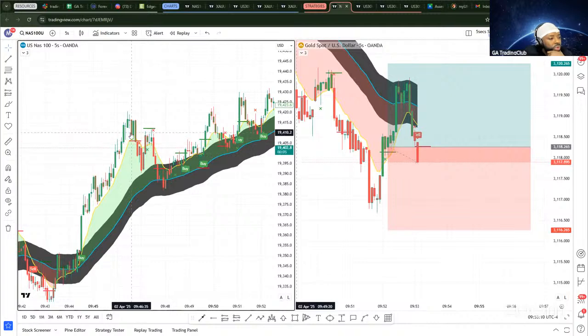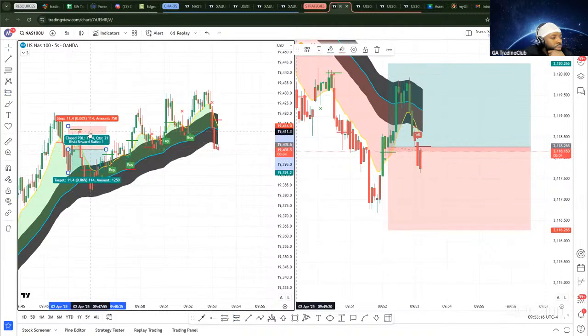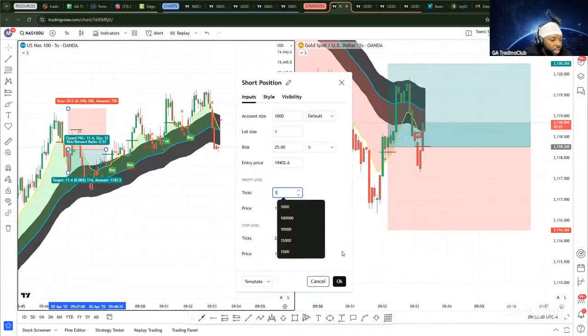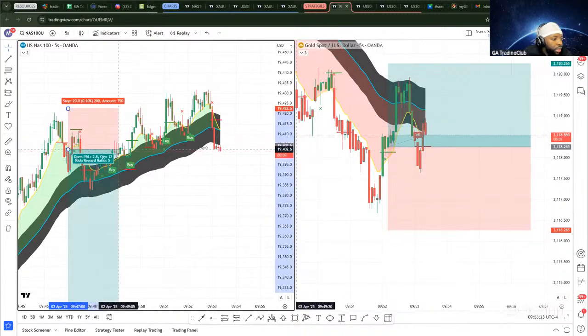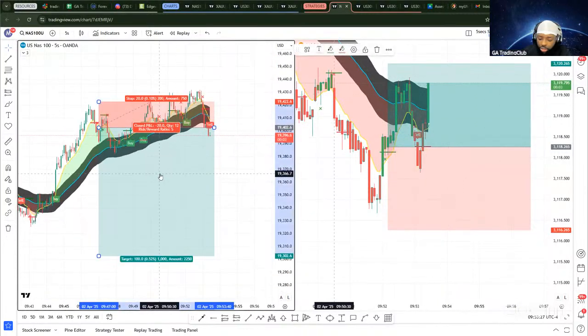So I think NASDAQ would have lost. Maybe. Let's see. Yeah, NASDAQ looks like it would have lost. NASDAQ would have gotten stopped out with a 20-point TP and stop loss.